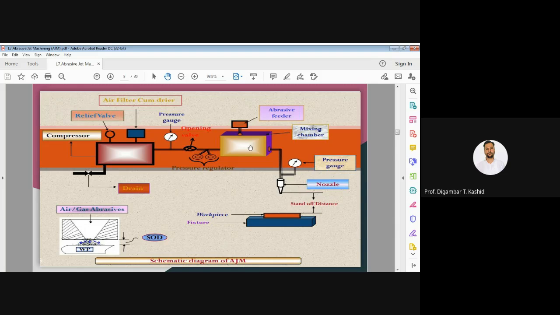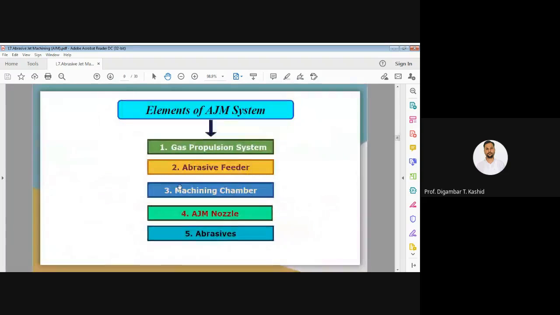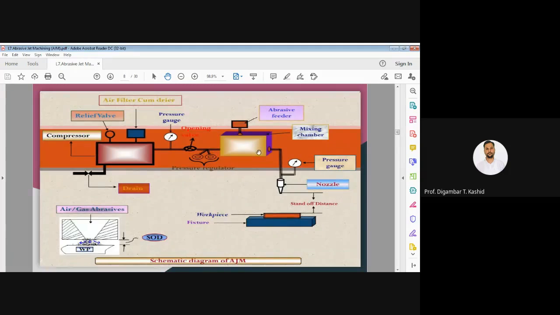The abrasive feeder is required to feed the abrasive, and it has a vibratory mechanism. Using that you can control the quantity of the abrasive to be fed into the machining chamber.